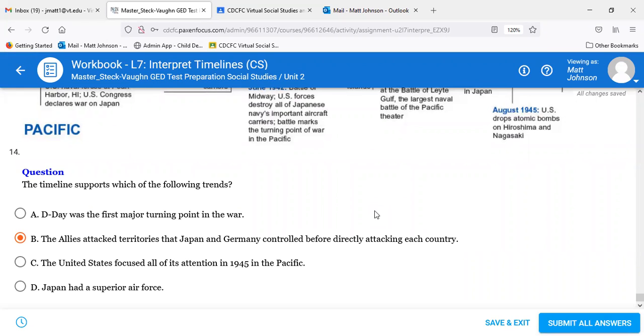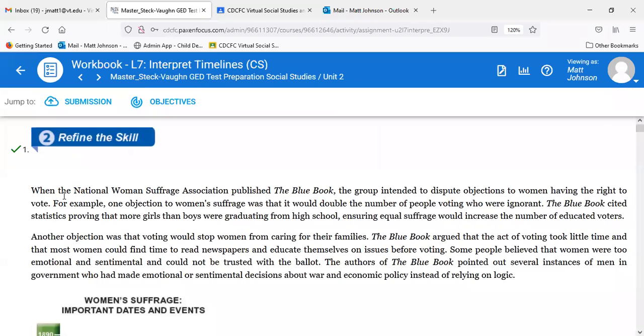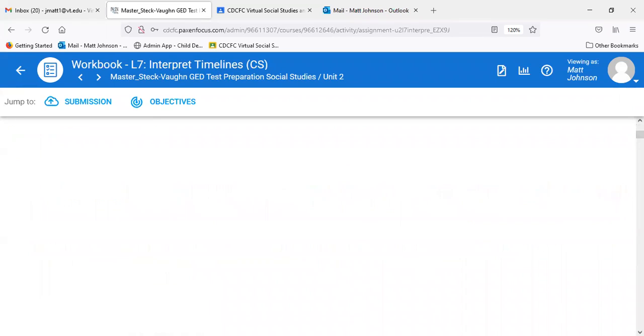One is D as in dog. 2, B as in boy. 3, B as in boy. 4, C as in cat. 5 is A. 6, B as in boy. 7 is A. 8 is C as in cat. 9, C as in cat. 10 is B as in boy. 11, B as in boy. 12, C as in cat. 13, D as in dog. 14, B as in boy.